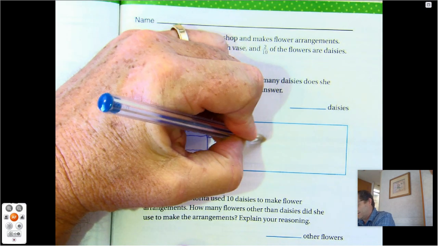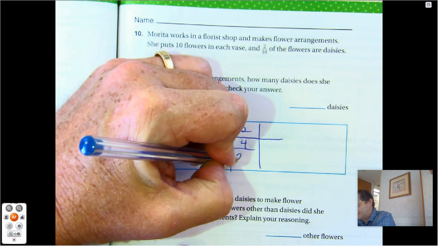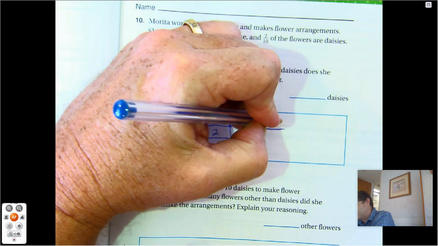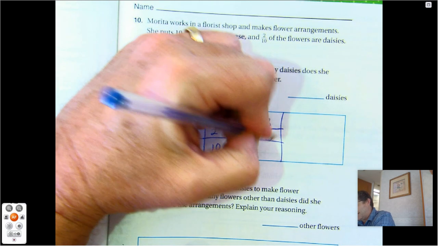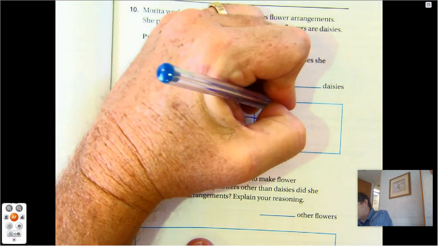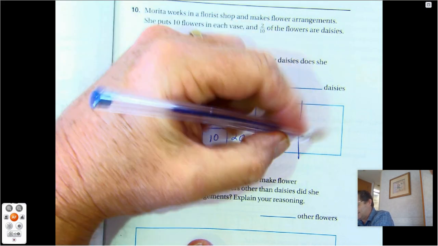In 2 arrangements, I would have 4 daisies out of 20 flowers. In 3 arrangements, I would have 6 daisies out of 30 flowers. Out of 4 arrangements, I would have 8 daisies, 40 flowers.